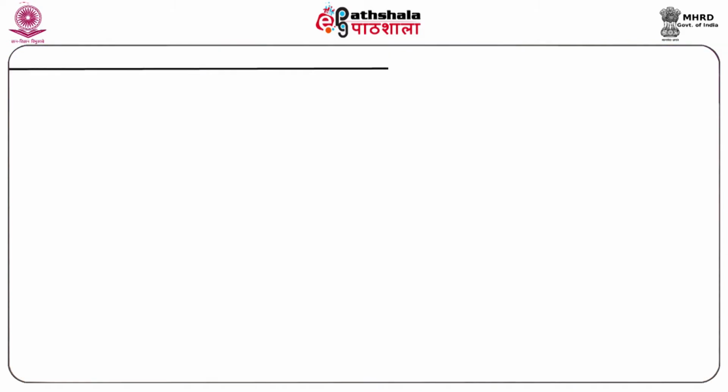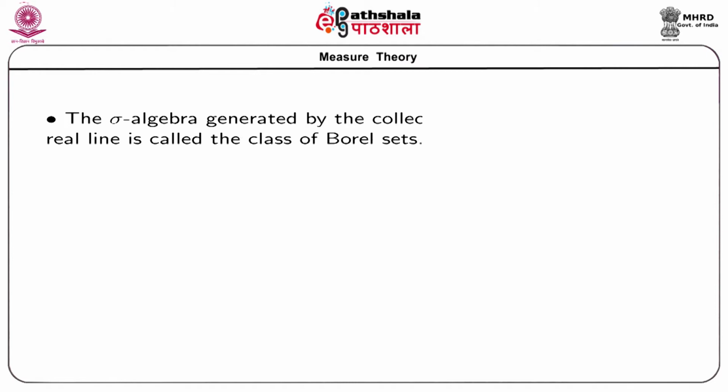We start with the notion of Borel sets, which we had seen in chapter 1. We had told you that we will discuss it in chapter 9. The sigma algebra generated by the collection of all open subsets of the real line is called the class of Borel sets.